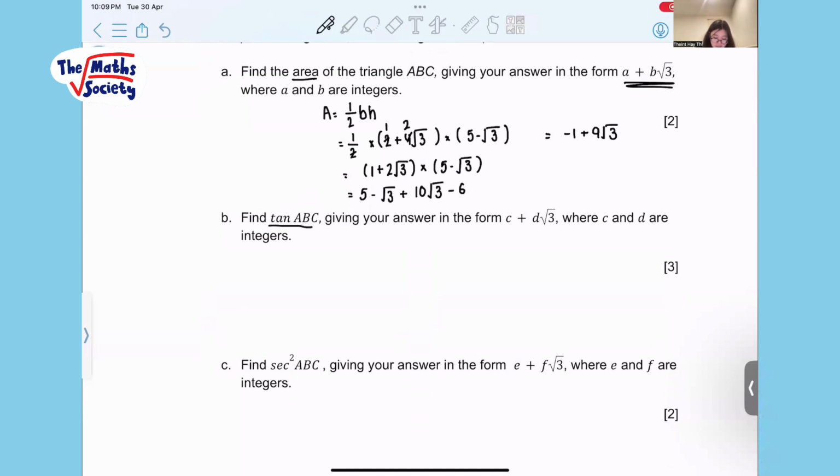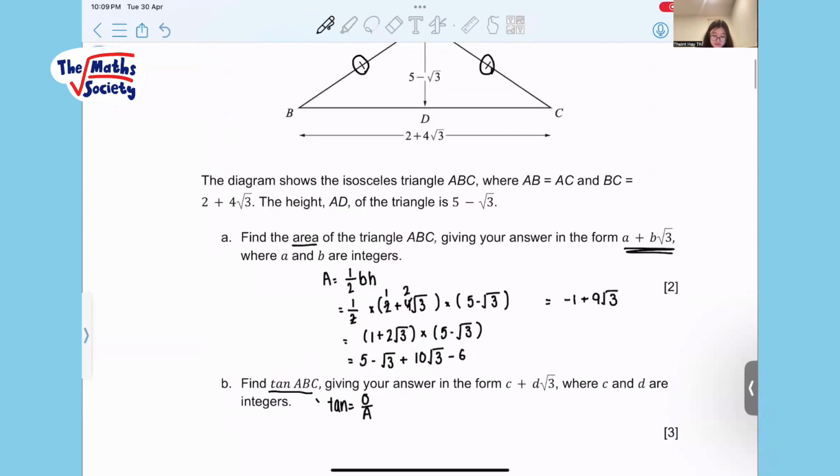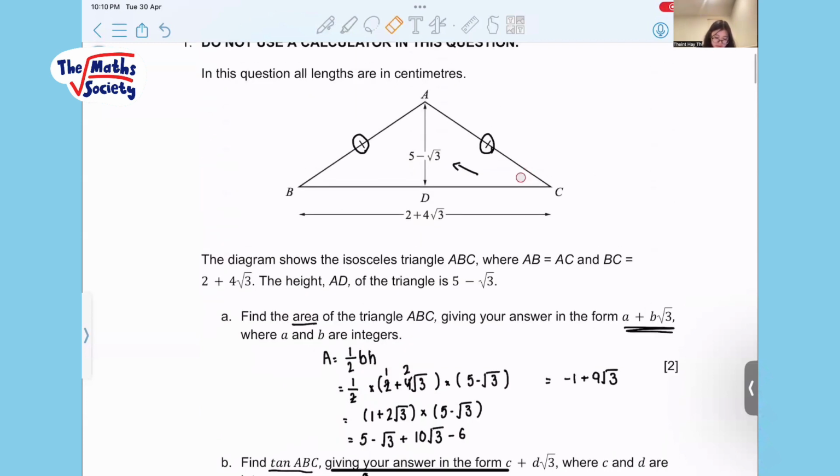We know that tangent is equal to O by A, which is opposite by adjacent. Let's assume we're going to find the tangent of B. So we know it's O by A because it's the same side.